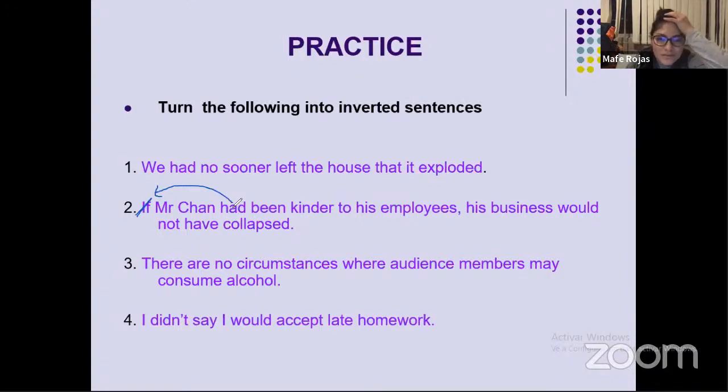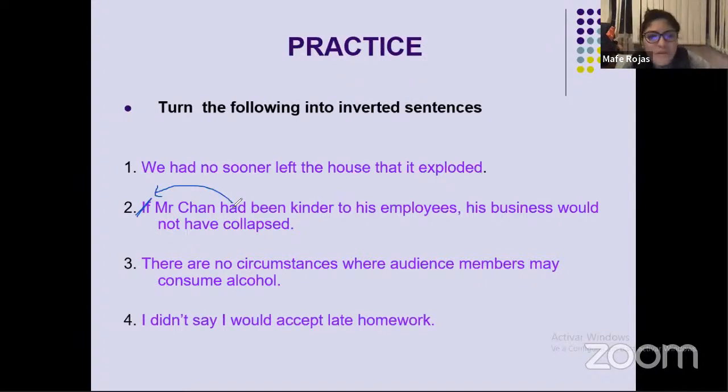Are there not circumstances where audience members might consume alcohol? It's okay that you're starting with under no circumstances, but then you need the auxiliary, right? You need to do the inversion. What's the auxiliary here? Verb to be? You sure? Are. Oh, no, may. May.